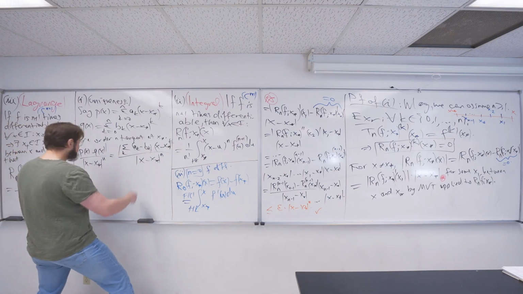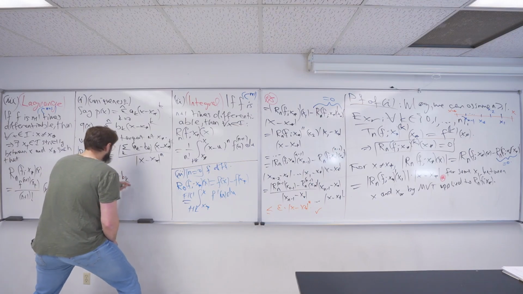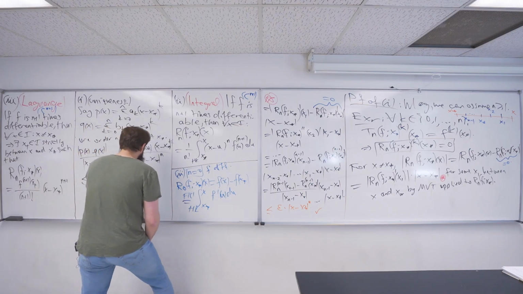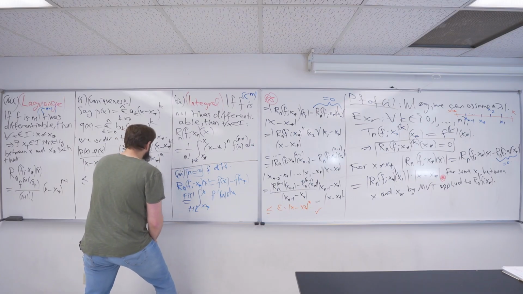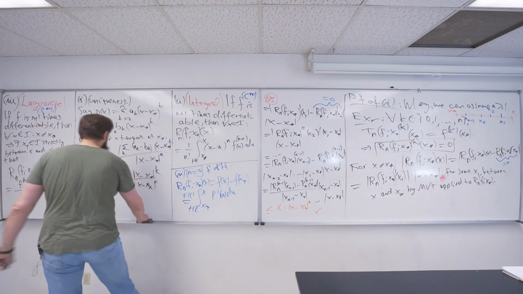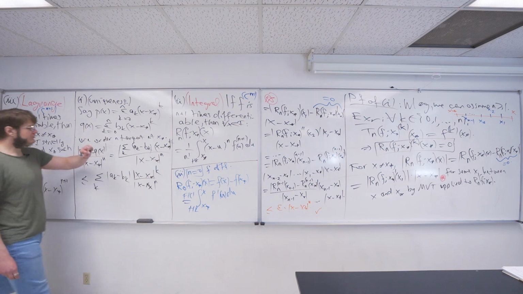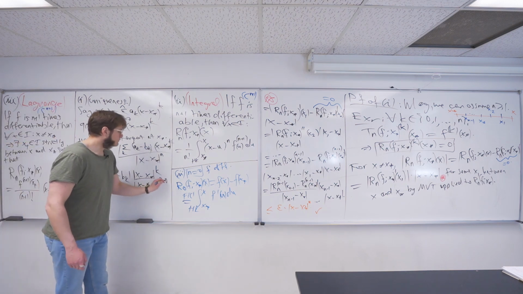And then I can distribute this as well, like so, raised to the power n. I'm assuming that this goes to 0. That's what it means for these two to be tangent.